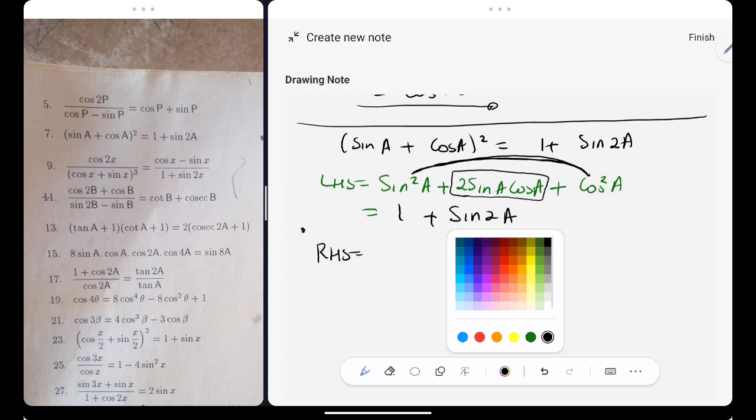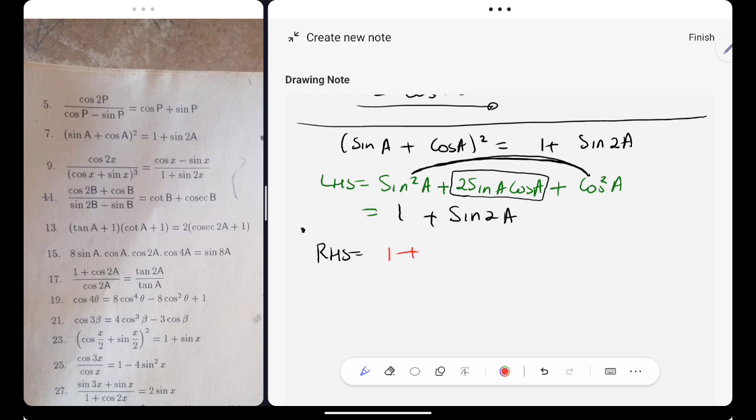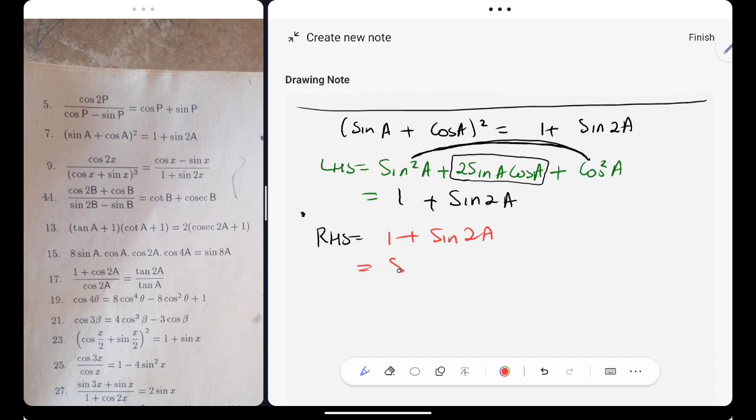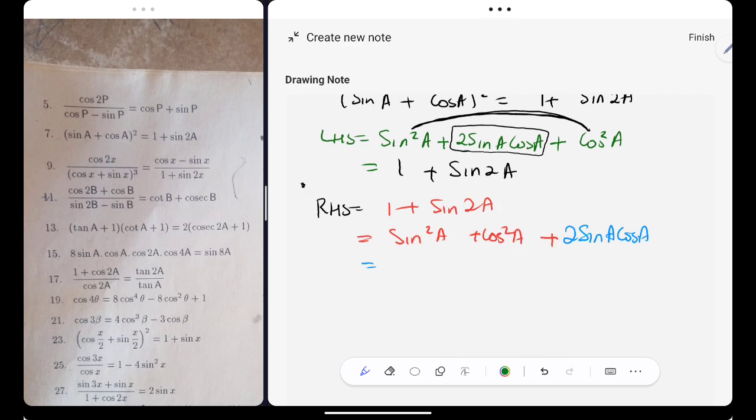Let me write this in red. You have 1 plus sin 2A. 1 can be written as sin squared A plus cos squared A, and then you can even expand the double angle for sine there. It's 2 sin A cos A, and then we can express this thing in a manner that we will be able to factorize it.